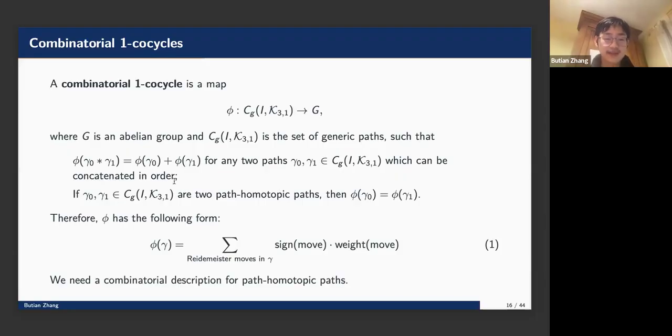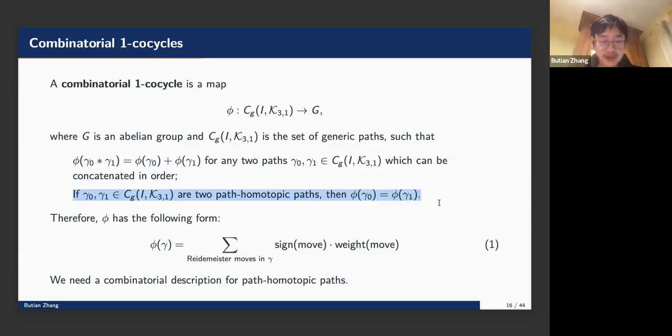The first is that it should be additive with respect to the concatenation of paths. The second is that it should have the same value on two path homotopic paths. If we have such a map, then it is a combinatorial one cocycle, and it represents real one cohomology classes in the space of long knots.